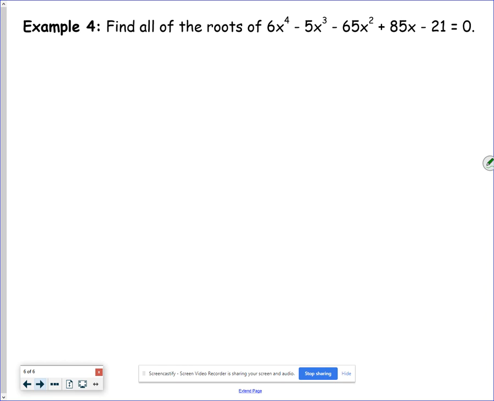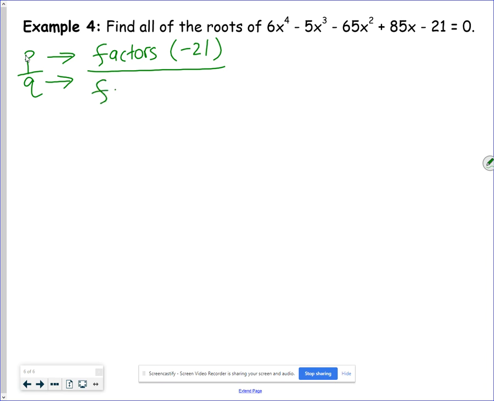So we're going to start it off the same way we did the last example. We're going to generate that list of possible rational roots. Again, to be rational, it means you can write it as a fraction using only integers. So we're going to look at factors of -21 over factors of 6.